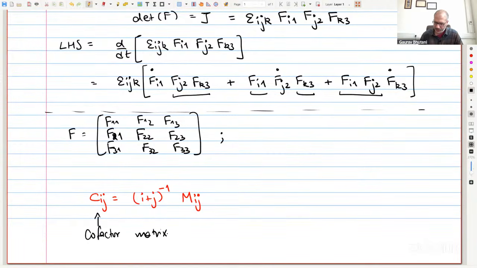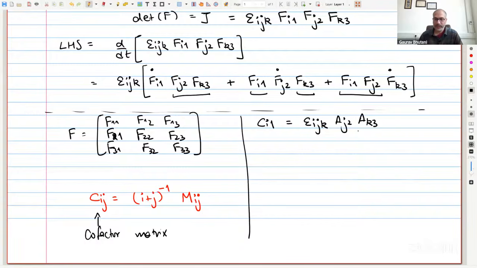So I'll show you why we are discussing this idea of the cofactor matrix. So let's try to write Ci1. And let me give an expression first, and then we'll see what it is. So Ci1 is epsilon ijk, aj2, and ak3.